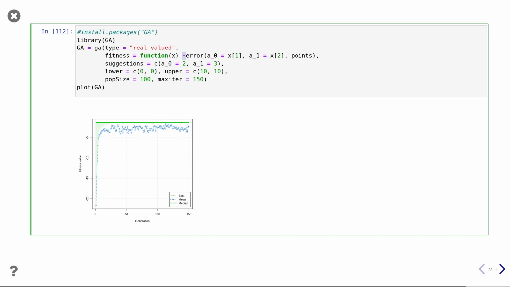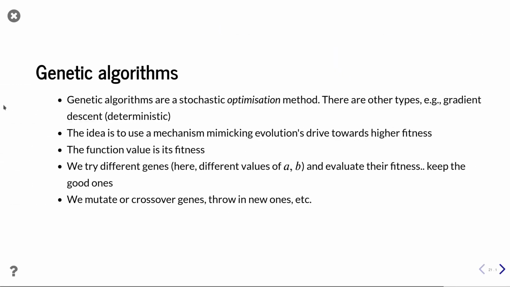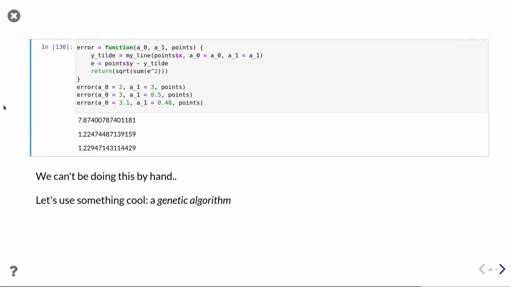Okay, so if you want to minimize a function with a genetic algorithm, you simply say that you want to maximize minus that function. Now there's a little trick here, because the function that we made, error, has several arguments. This is something that is worth seeing done once. It's got 3 arguments.